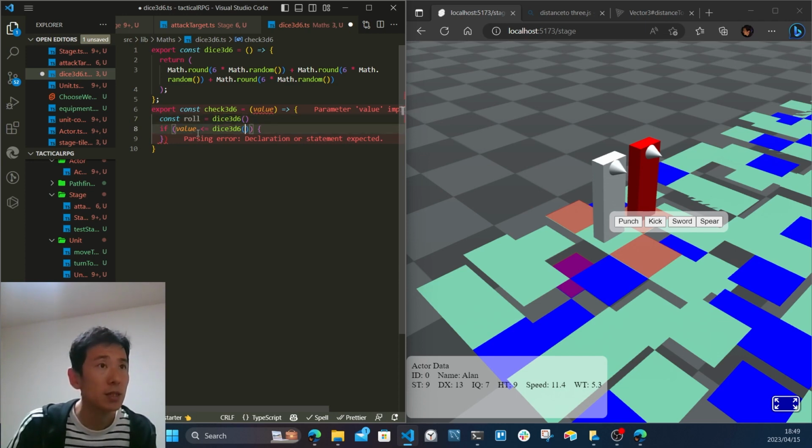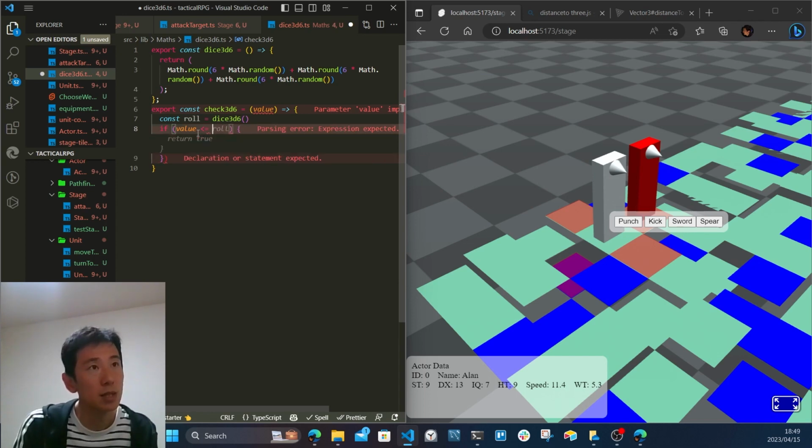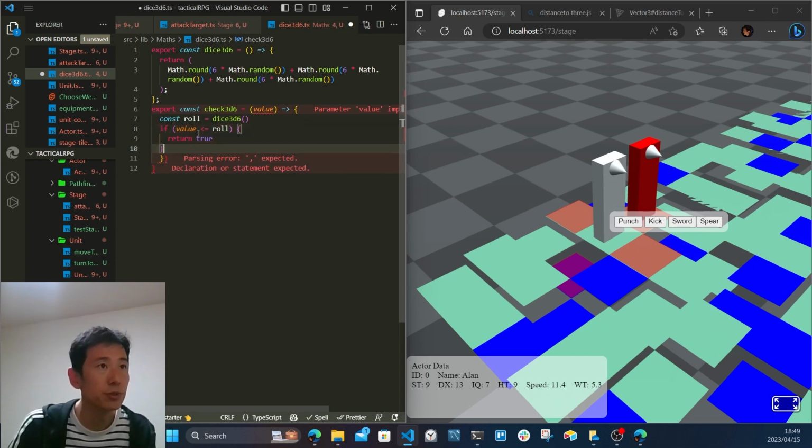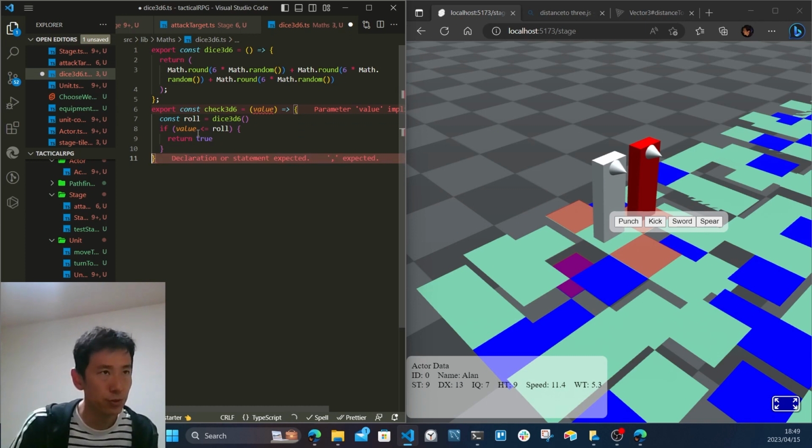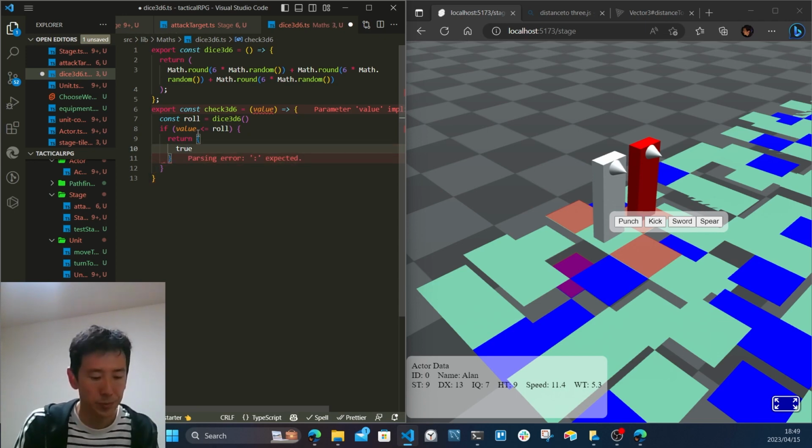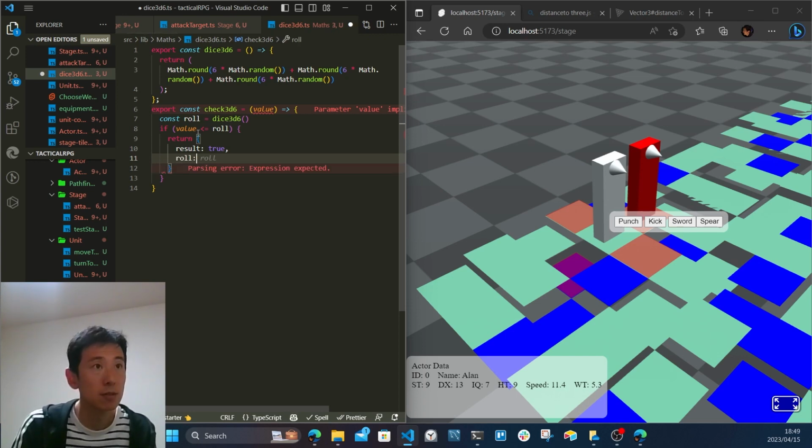So if value is less than or equal to roll, then return result is true and roll is roll.